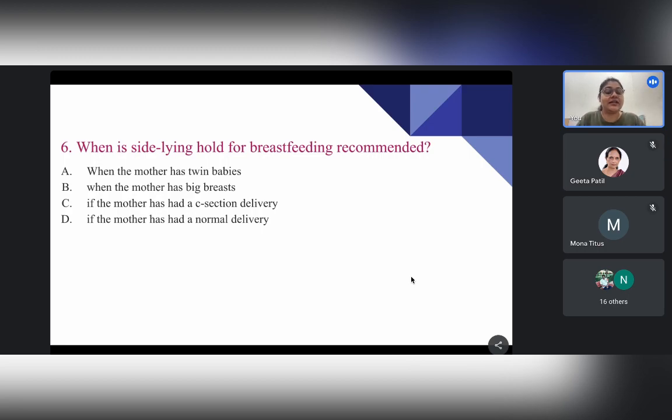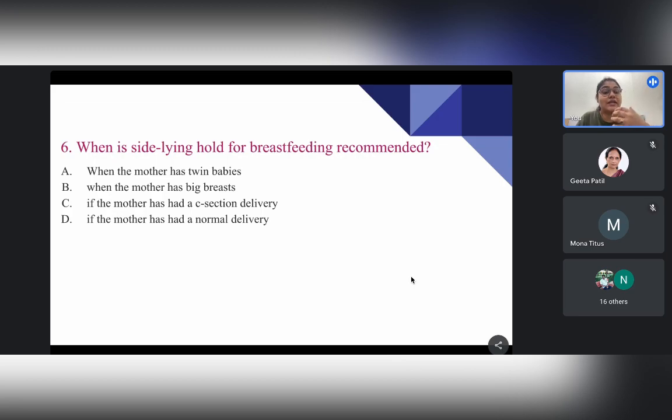So if the mother is not that weak, or if she is not in a very urgent situation, or if that doesn't entail any other urgent measures, then definitely the side lying hold or the football hold, these two breastfeeding techniques, can be utilized for breastfeeding the child. And of course we have also discussed breast crawl.